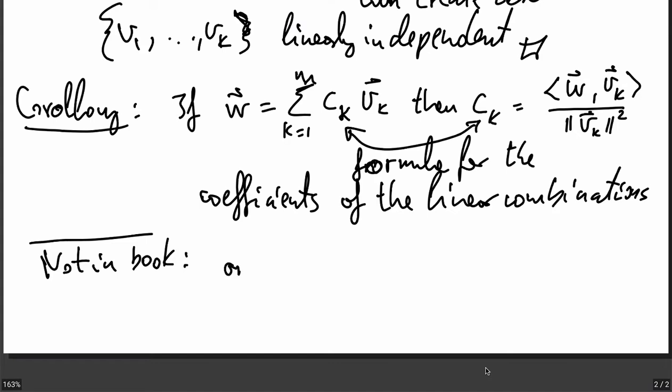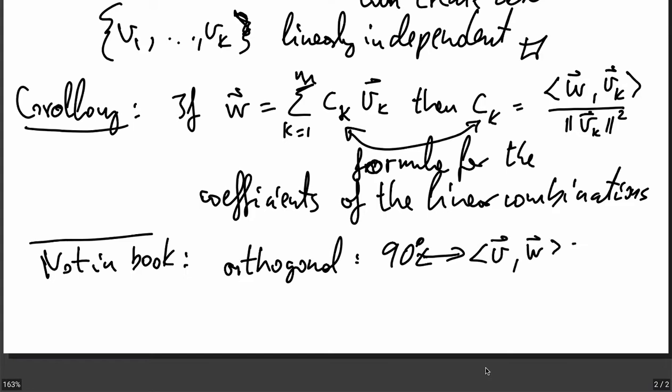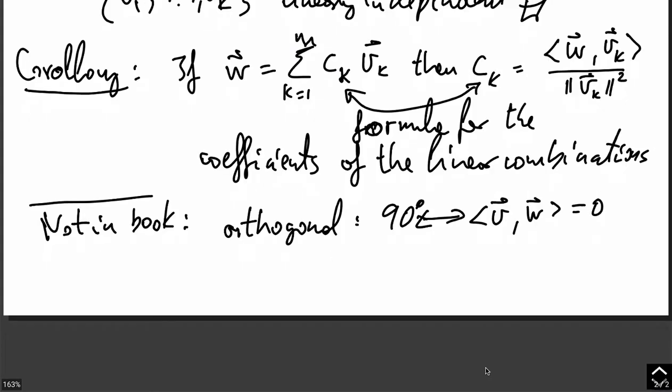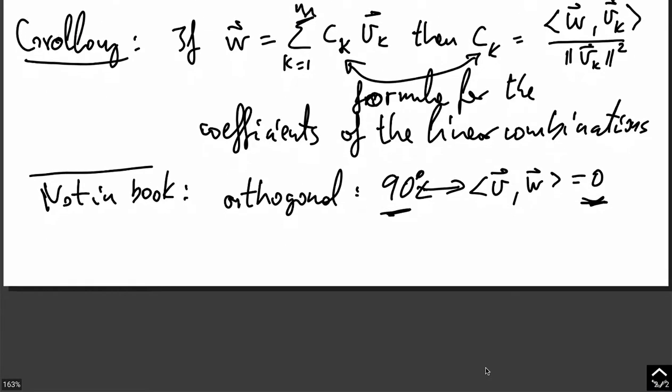What we had here, orthogonality for vectors, means 90 degrees. And this was the case if and only if the two vectors gave a zero dot product. So somehow this zero dot product is related to the 90 degrees.